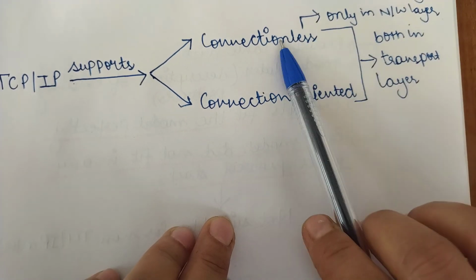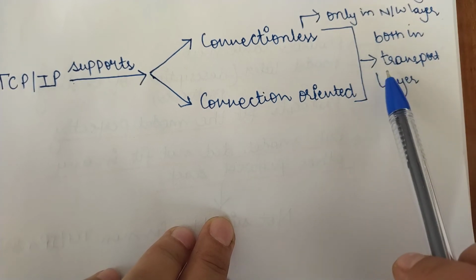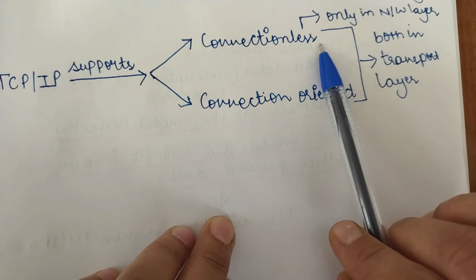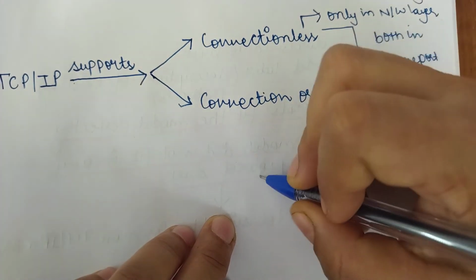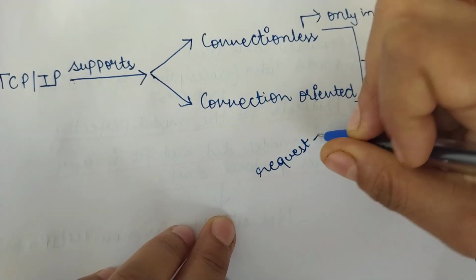Now, the advantage of having both connectionless and connection-oriented services in the transport layer is that the users have a choice, especially when it is a request and response service. Request and response services are generally client-server based services.